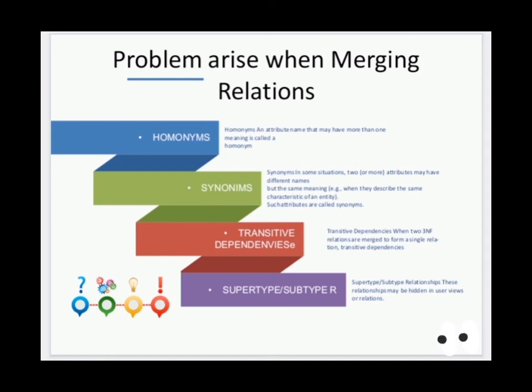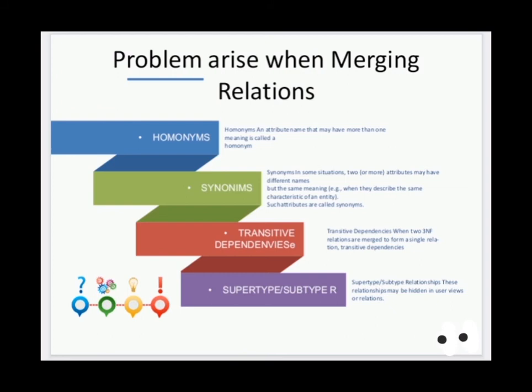The next one is transitive dependencies. When 2 third normal form relations are merged to form a single relation, transitive dependencies might result. And the last one is supertype or subtype relationships. This relationship may be hidden in user views or relations.